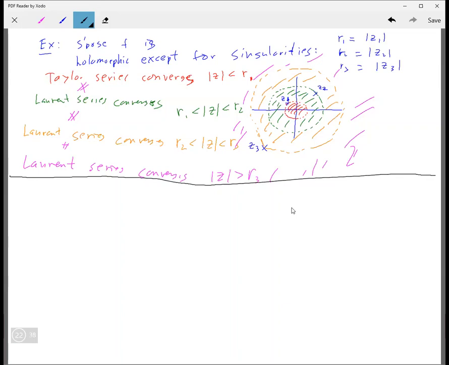Okay, so let me do one more example, and then we'll continue on. So let's say we have sine z over z.